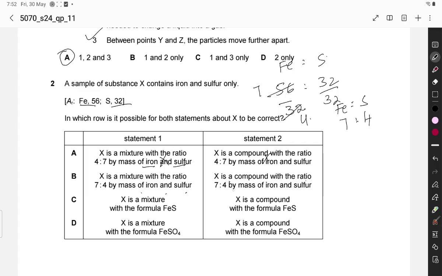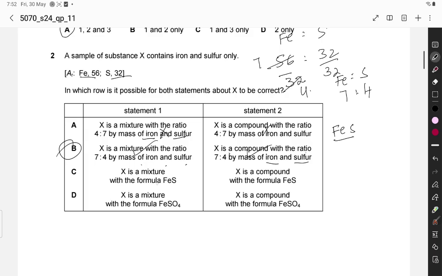X is a compound with the ratio of 7:4 by mass of iron and sulfur. Because the formula is iron sulfide, whether it is a mixture or a compound, this is correct, this is also correct. So B option is correct.